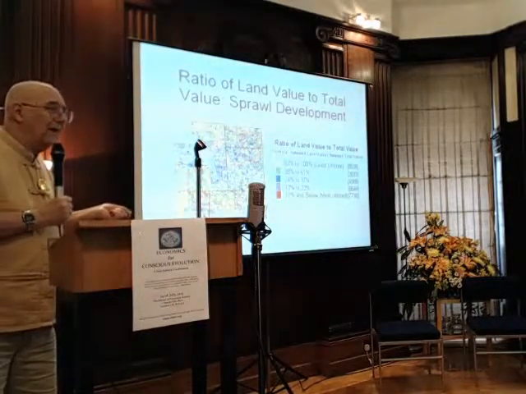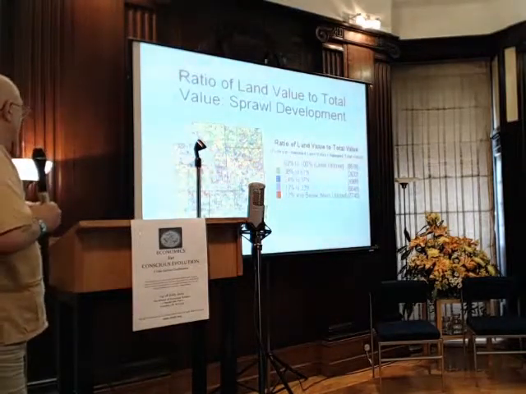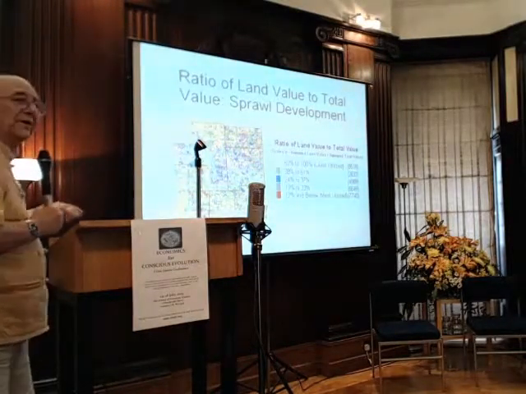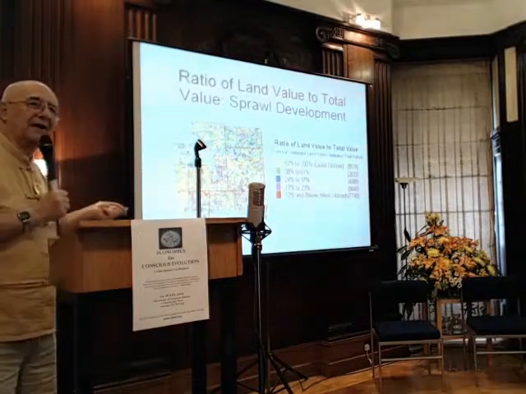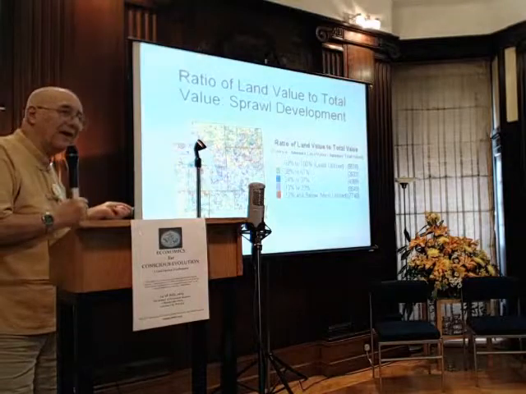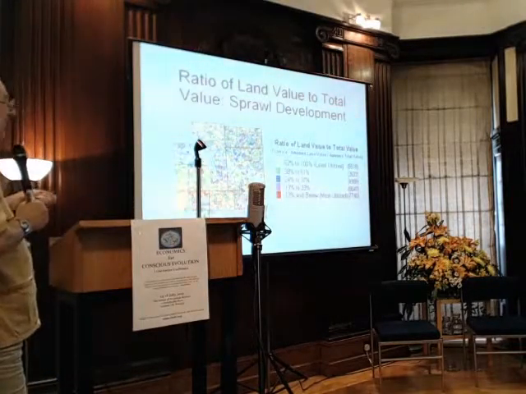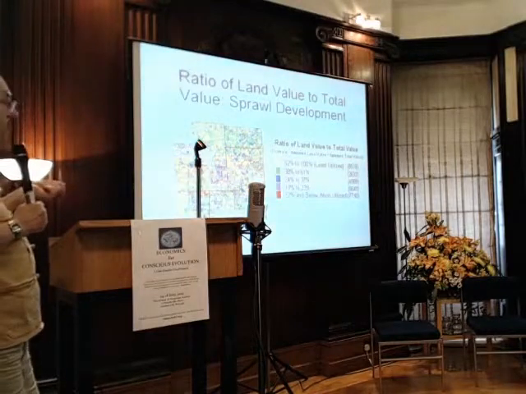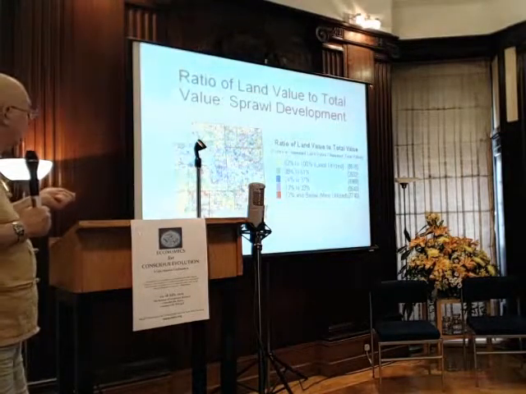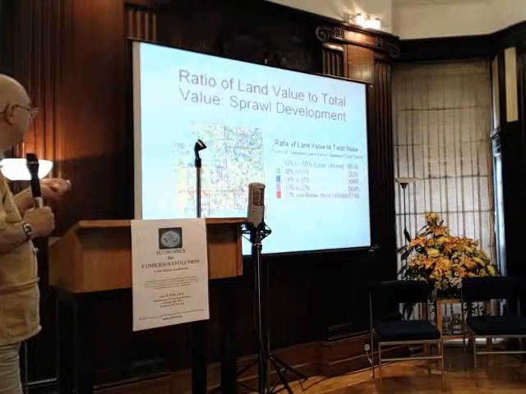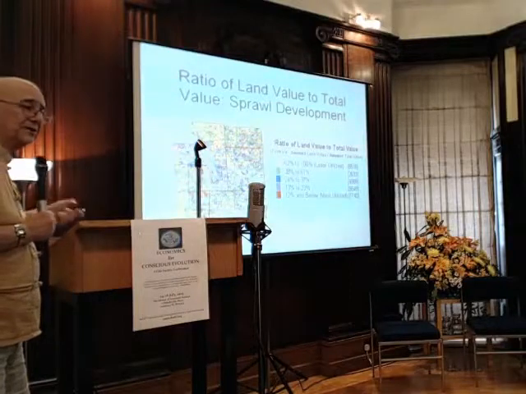But no, given the system we have, a lot of wealthy people have put their nice homes out in the cheap land, especially a lot of wealthy professors at Cornell. Beautiful views, but what we've got is a beautiful example of sprawl development. As I said, if we had efficient land use, all of this would be one color. This is a ratio.